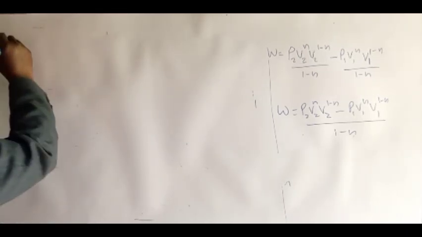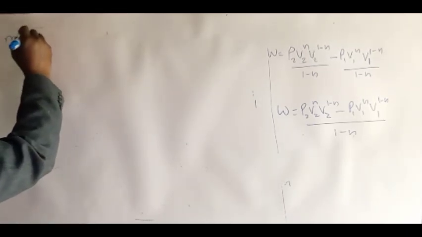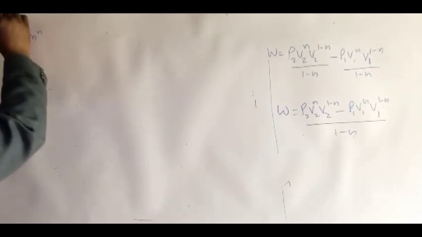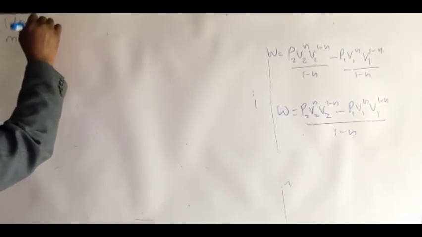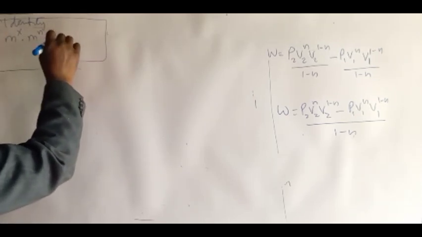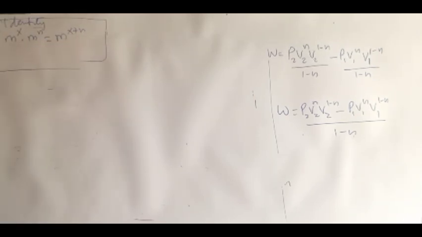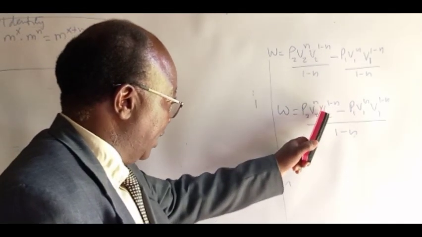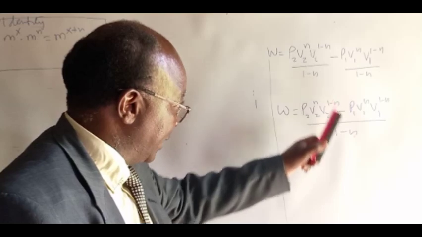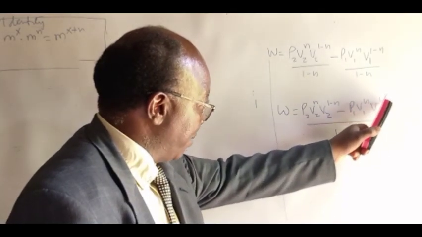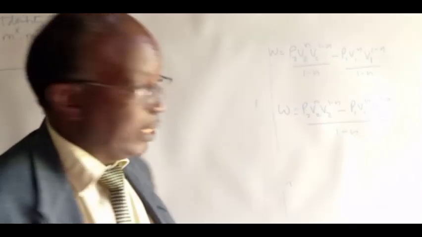That is, if we have m raised to power x times m raised to power n, using this identity of indices, that will be m^(x+n). So that's what I want to apply here now. Because remember, V2^n times V2^(1-n), and V1^n times V1^(1-n), so I can add those indices.